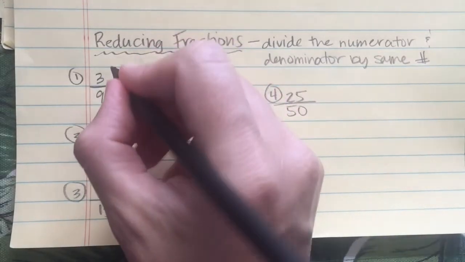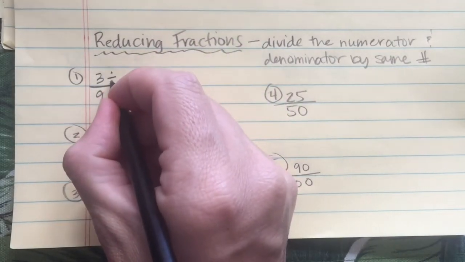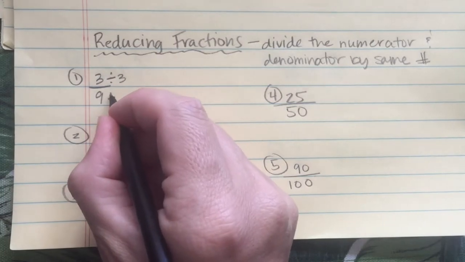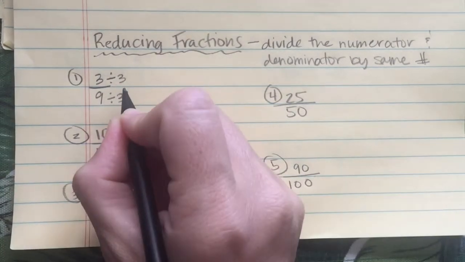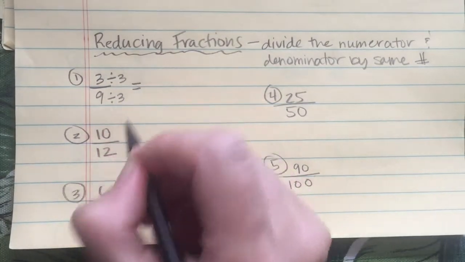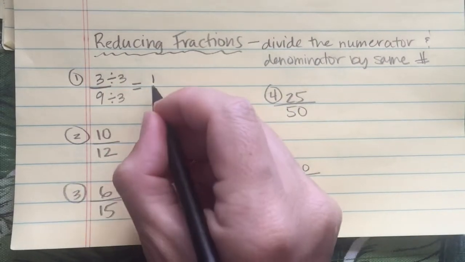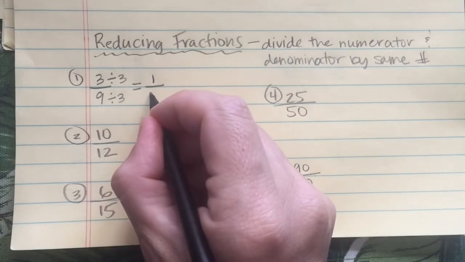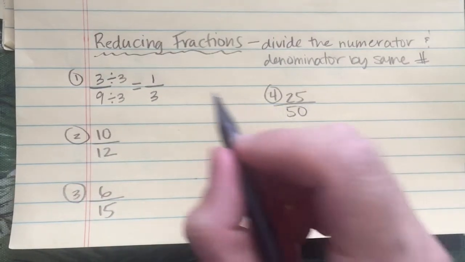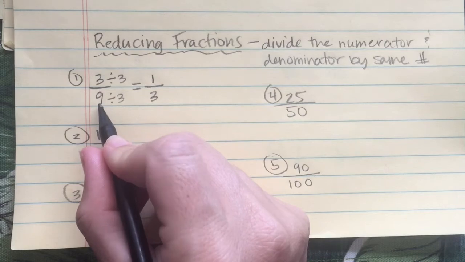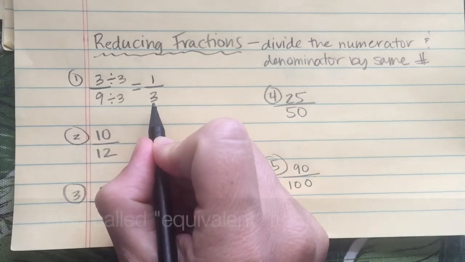Well, both 3 and 9 are divisible by 3. It has to be the same number. You can't divide by different numbers. 3 divided by 3 is 1. 9 divided by 3 is 3. So this fraction of 3/9 can be reduced to 1/3.